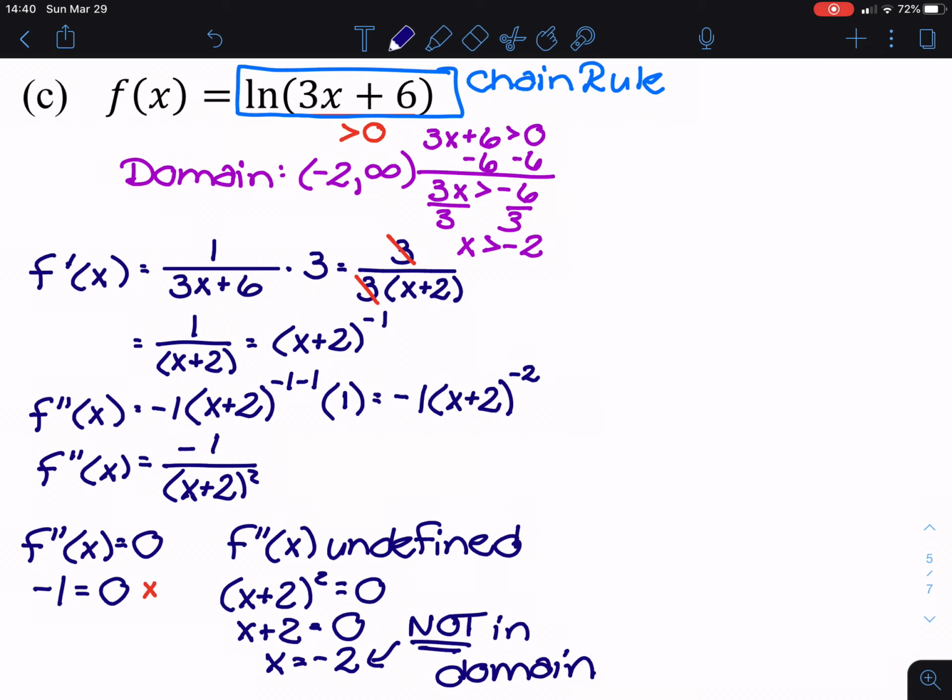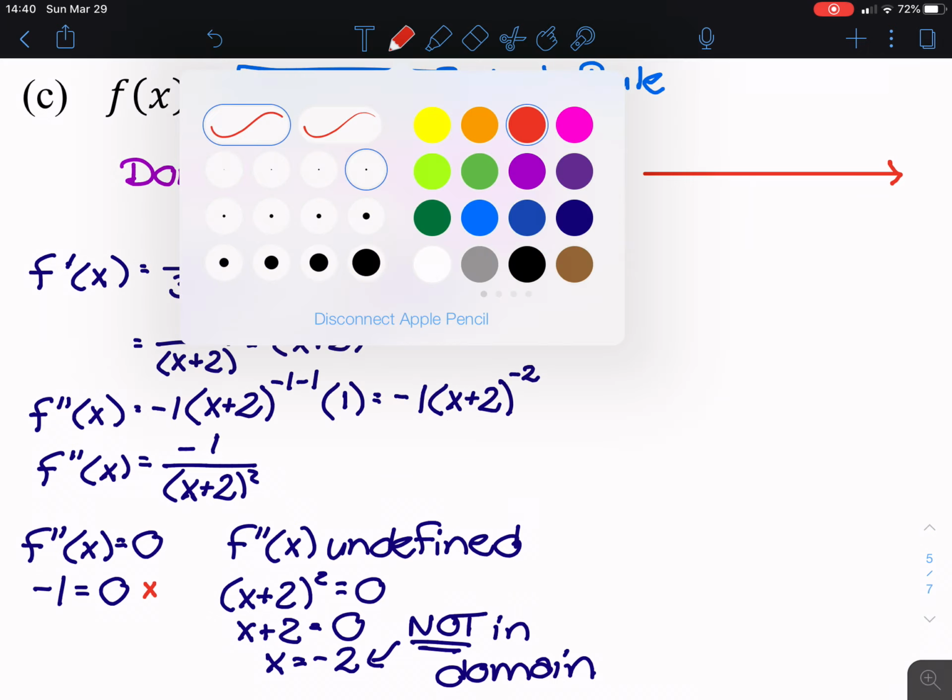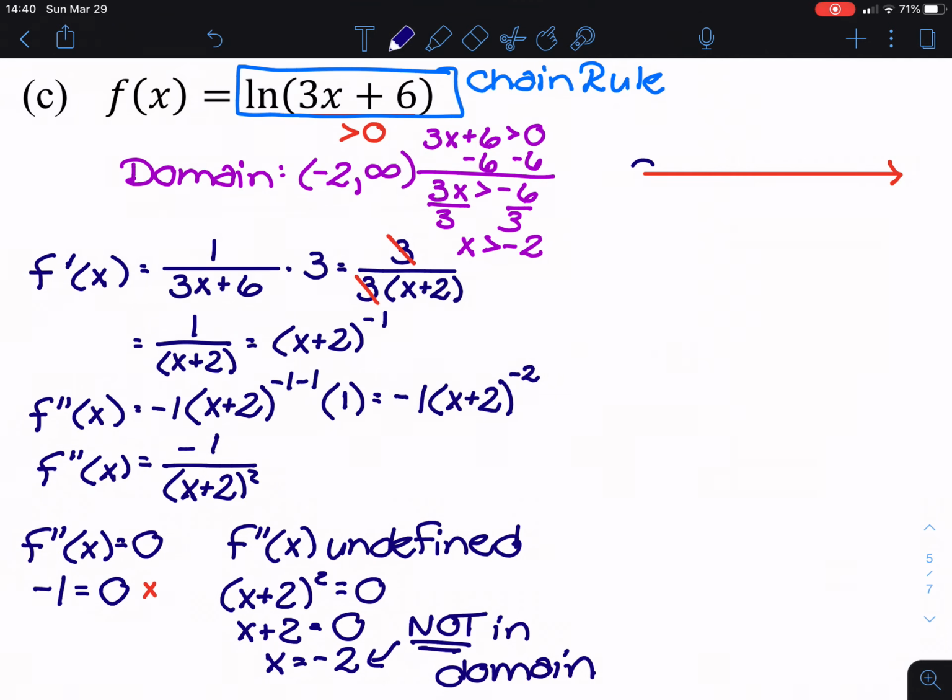So it's not a critical value. So how am I going to do that with my sign chart here? Well, okay, so I have -2 here. I'm going to put it here at the end. I'm going to put an open circle because it's not a critical value.